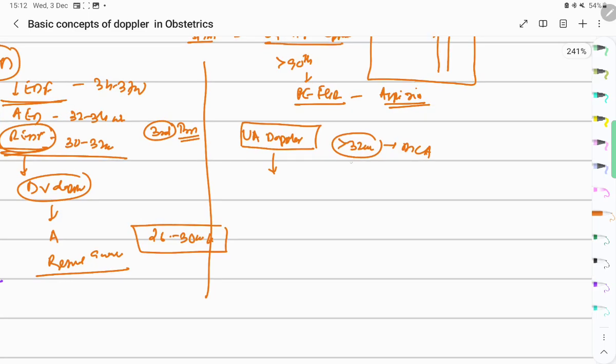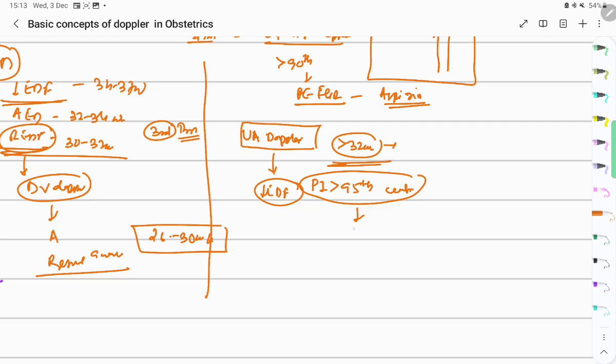For umbilical artery, for more than 32 weeks, if umbilical artery Doppler shows decreased end-diastolic flow, or the PI is more than 95th centile, then I will do an MCA Doppler.